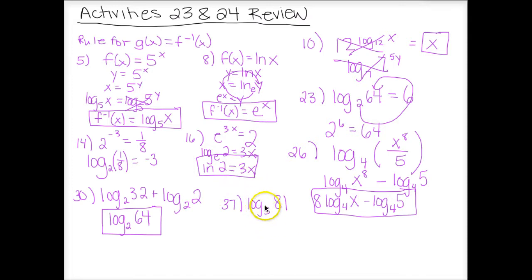This is not change of base formula. This is the actual rewriting bases, because 81 can be rewritten in base 3. So 81 is 3 to the 4th power, and so I can evaluate it without a calculator, because when the bases match, these cancel, remember, and the answer is just whatever your exponent was, which is 4.